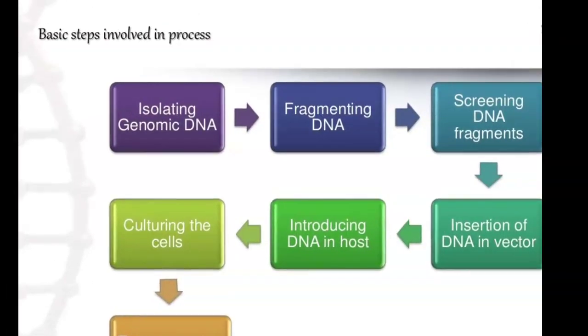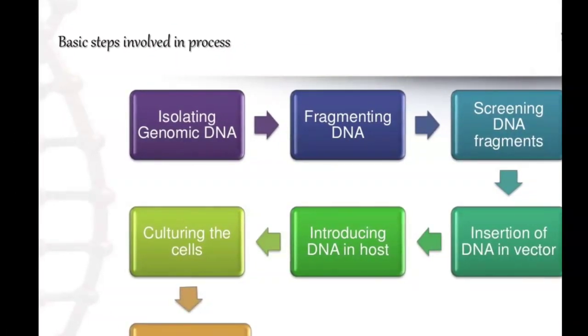These are the steps. First is isolating genomic DNA. Second step, fragmenting it with the help of the endonuclease enzyme. Then screening: we have to identify the desirable DNA fragments and insert them into the DNA of the vector.